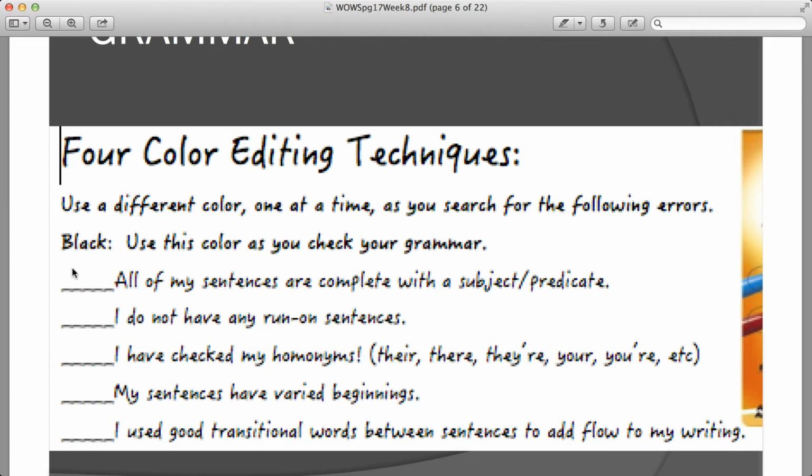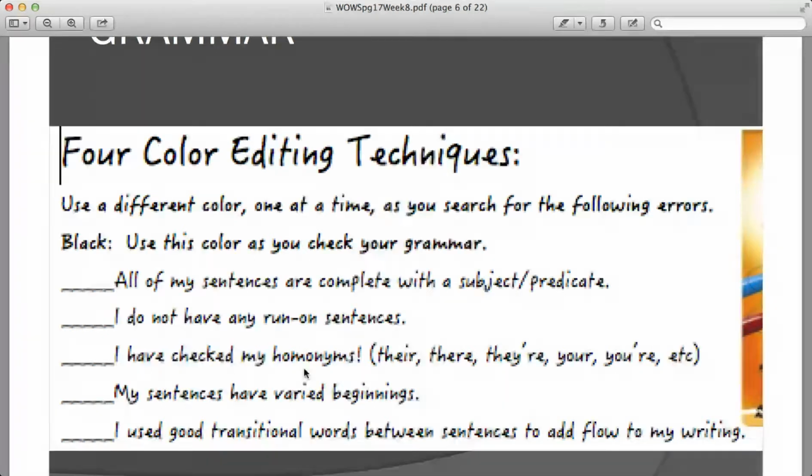So with one color, and I will use black first, I go through one paragraph at a time, and I just look for these things with the black pen in my hand. I'll check, are all of my sentences complete with the subject and the predicate? Do I have any run-on sentences? I want to make sure I do not.